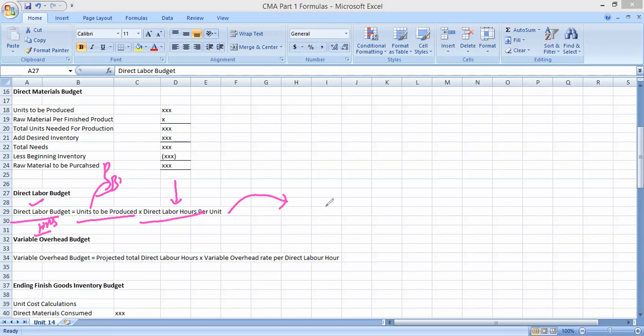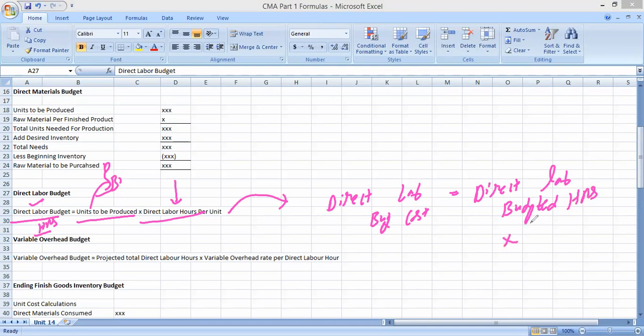If you want to have it in cost, what you will do is take these hours, the direct labor budgeted hours, multiplied by your direct labor rate.